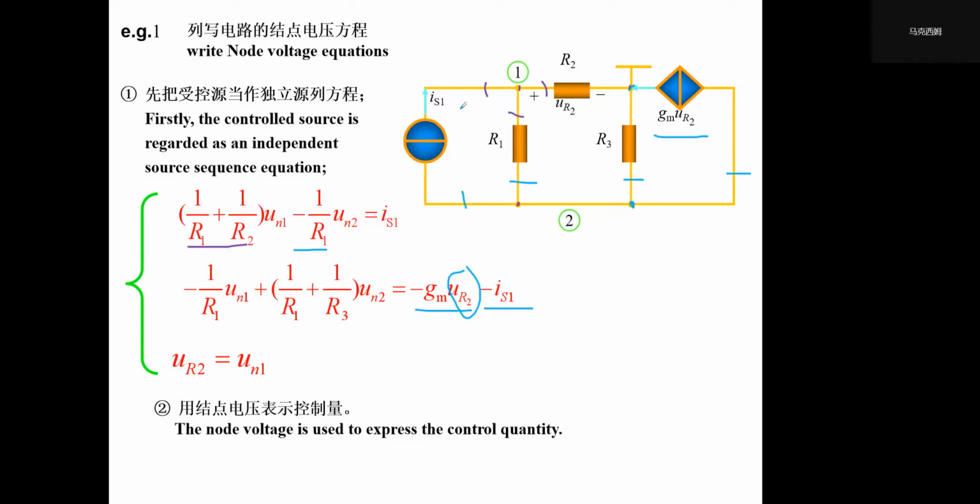And the third thing is if you have a control source in the circuit, we would like to treat the control source as an independent source first to list the equation, and we have to find some supplementary extra equation to solve the extra unknown variable, like the controlled current or voltage of the control branch.